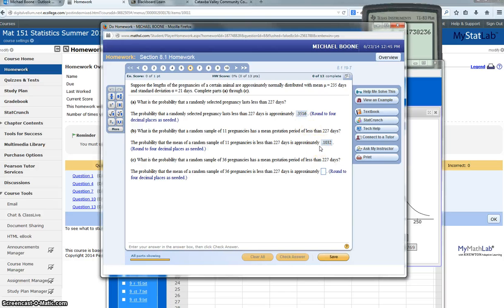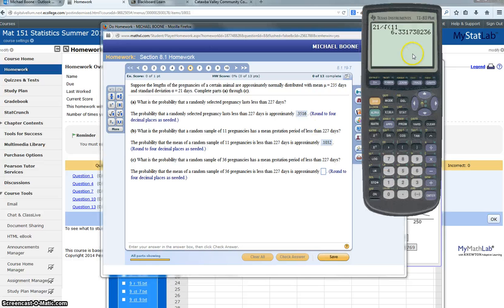If the average was 227 and had 11 people, that gets a little bit more unlikely. And so it's 10% of the population of groups of 11 would have that. So again, the standard error of the mean, this idea in section 1, that's what it's referring to. All right. So if I have more than one person that I'm sampling, I have to take my standard deviation and divide it by the square root of n. That's what we did over here.